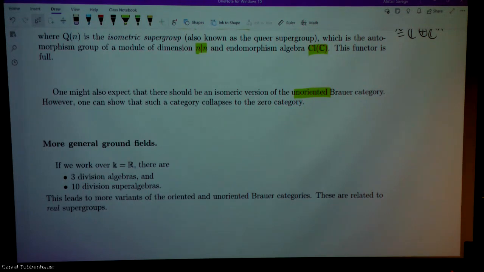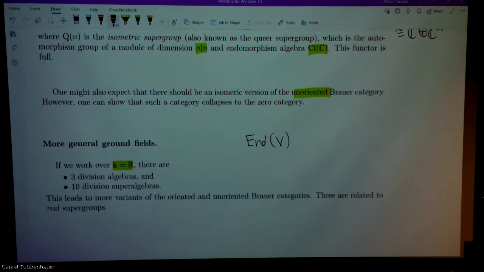Even when I said here, I worked over complex numbers, an algebraically closed field. Now you might start thinking, what about other fields? For instance, real numbers. That's important to look at representation theory of groups over real numbers. And then you start with that assumption, well, what should the endomorphism algebra of my generating object be?